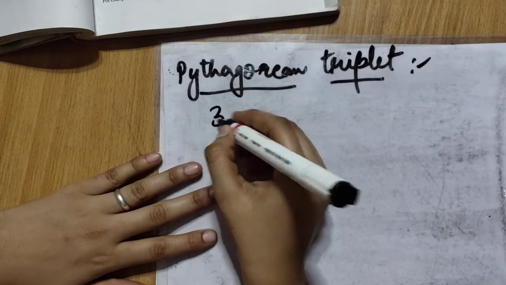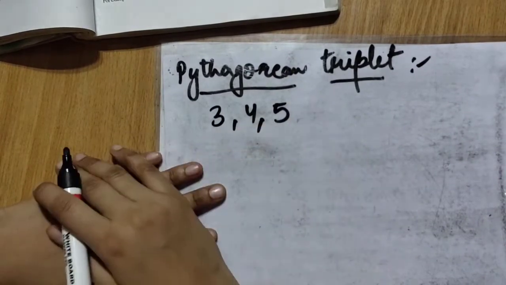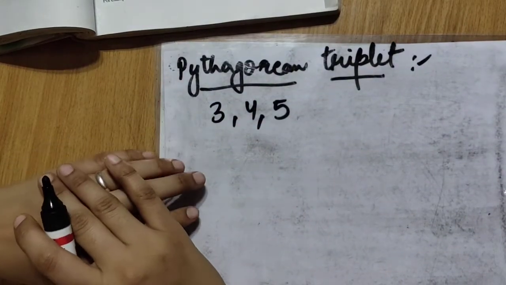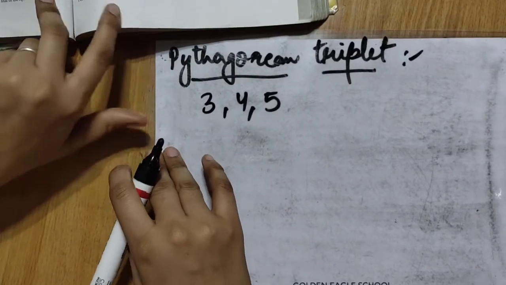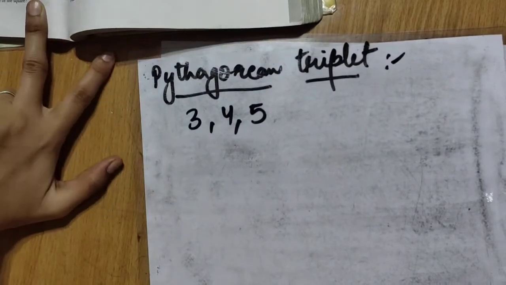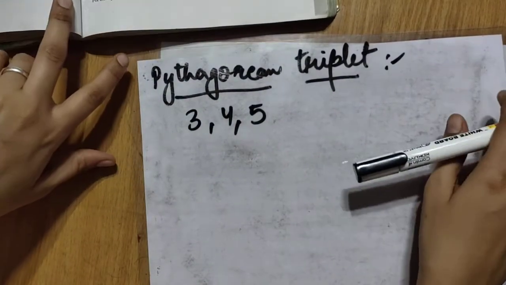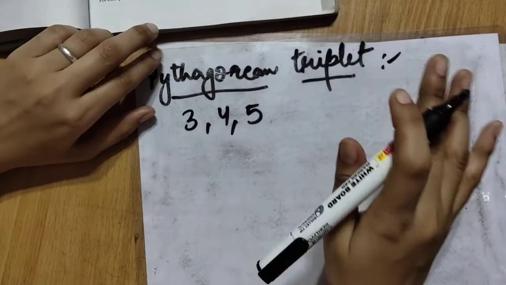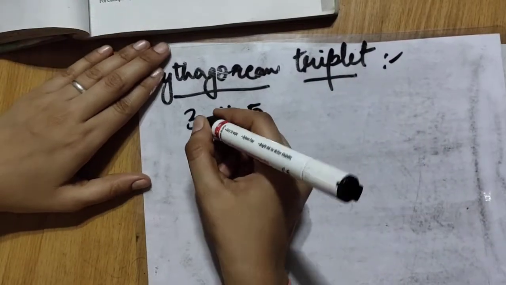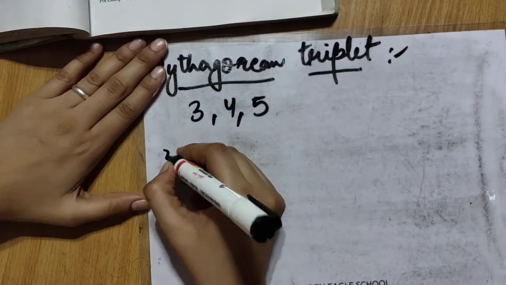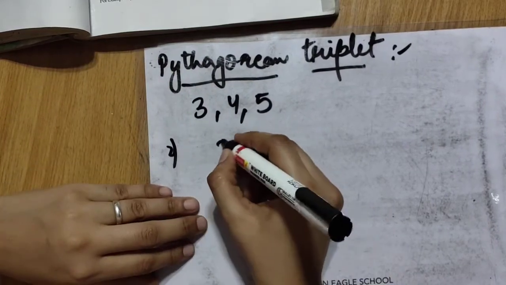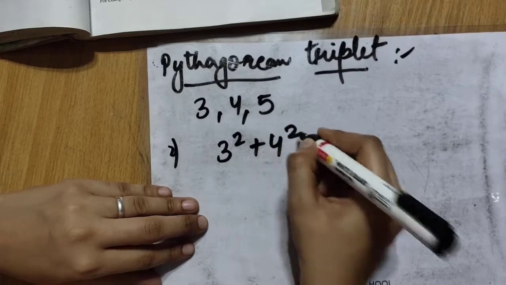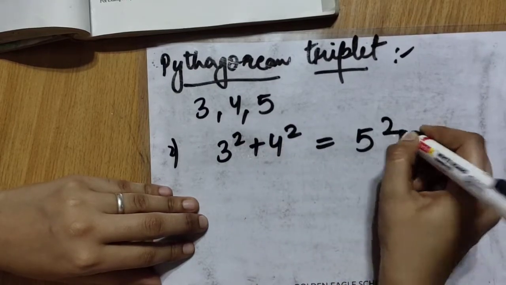For example, if we have a triplet 3, 4, 5, how are we going to see whether it is a triplet or not? We will find out if 3 square plus 4 square is equal to 5 square.